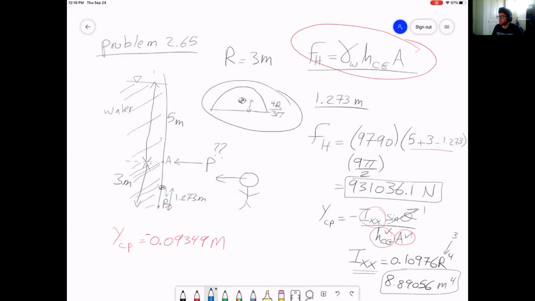I'm not sure. I know when I took Professor Seong, we did memorize formulas. I'm not sure about IXX, but for these formulas, we did memorize. And once we jump to chapter 4 and 5, you'll see so many formulas. But for IXX, I'm pretty sure he gave us IXX and YCP.